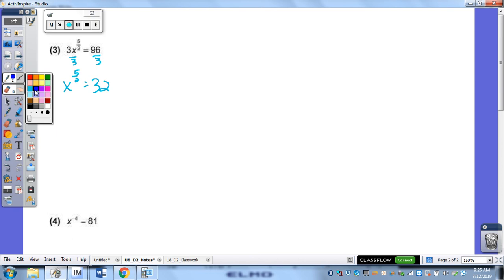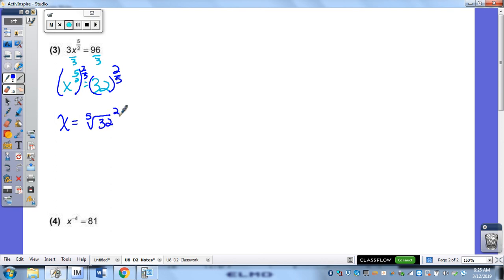So now we do the reciprocal power. So this to the 2/5, and I'm going to do that side to the 2/5. Now we simply have x by itself, which is what we wanted. On the other side, we got to figure out the 5th root of 32 and then square it. So what is the 5th root of 32?